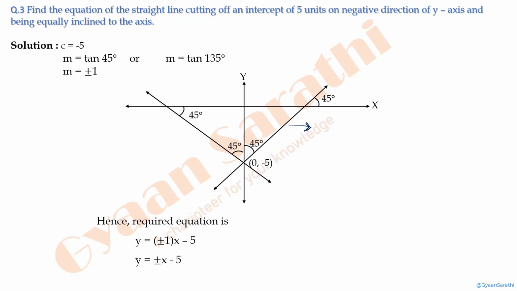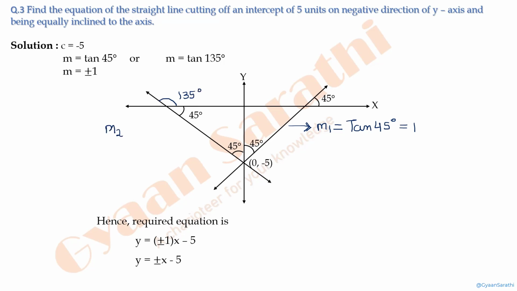Let us suppose m1 is the slope of this line, hence m1 is equal to tan 45 degrees, which is equal to 1. For this line the angle made with the x-axis is 135 degrees, as you can see here in the figure.